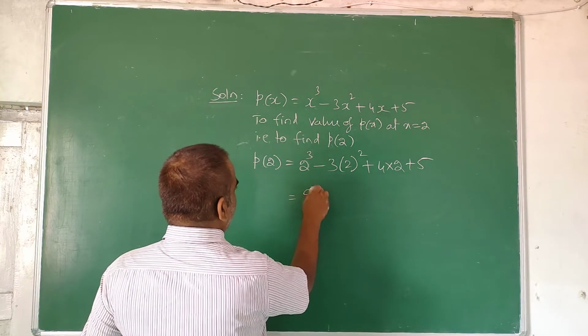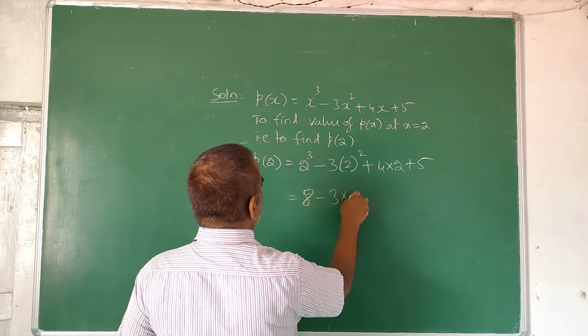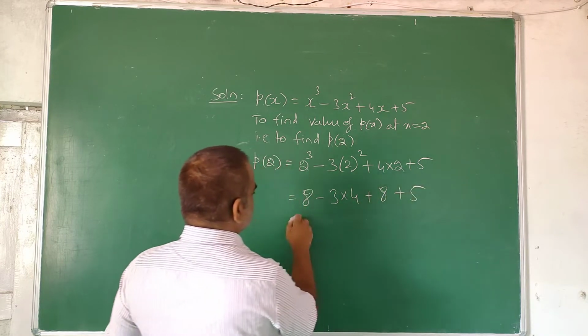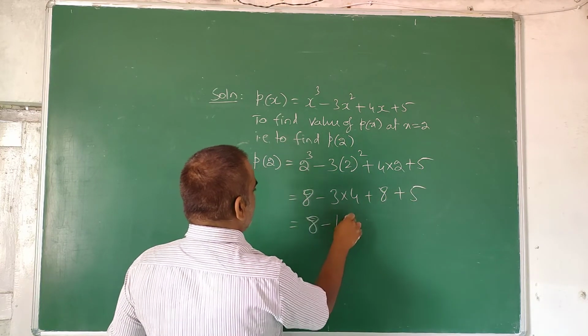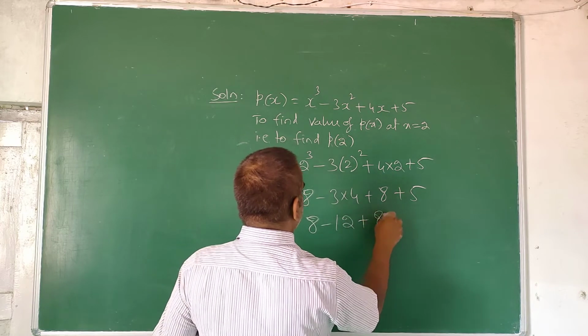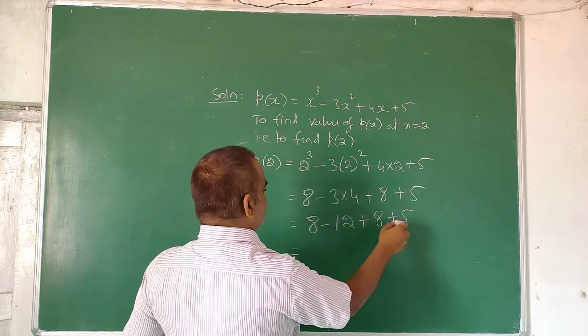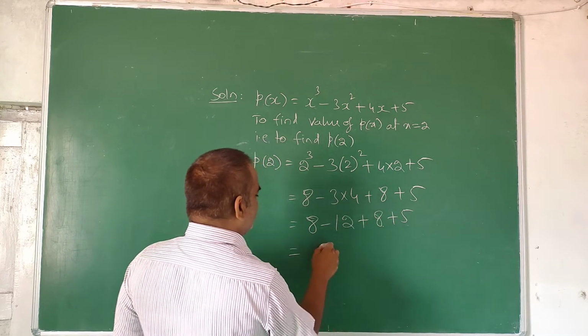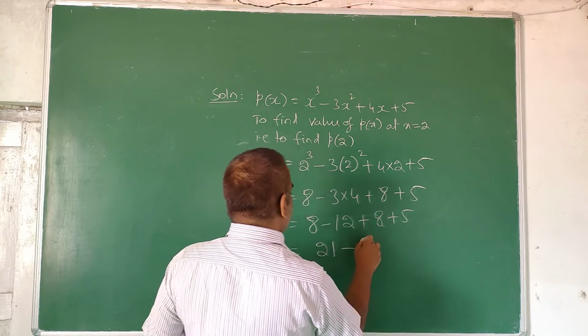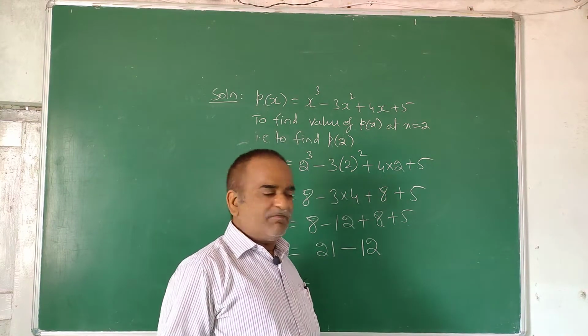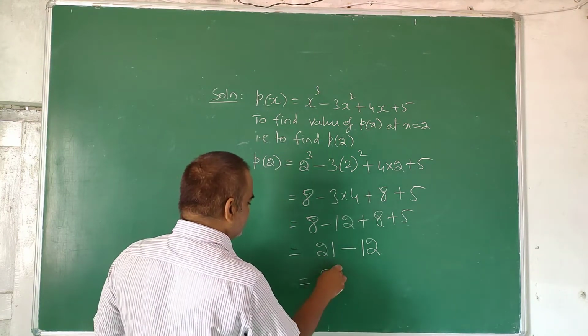So this is equal to 8 minus 3 into 4 plus 8 plus 5, which is 8 minus 12 plus 8 plus 5. So 8 plus 8 is 16, 16 plus 5 is 21. 21 minus 12 is obviously 9.